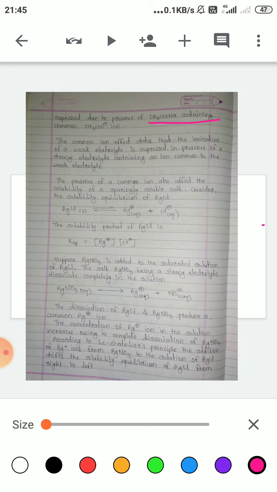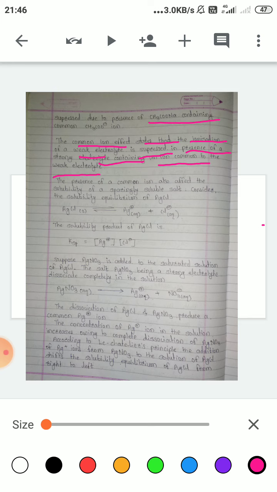Therefore we can state the common ion effect: the ionization of a weak electrolyte is suppressed in the presence of a strong electrolyte containing an ion common to the weak electrolyte.